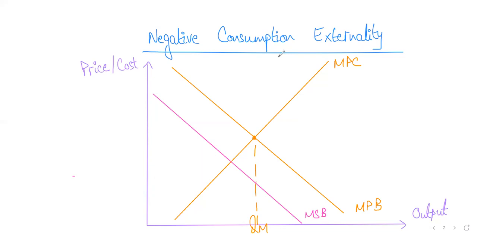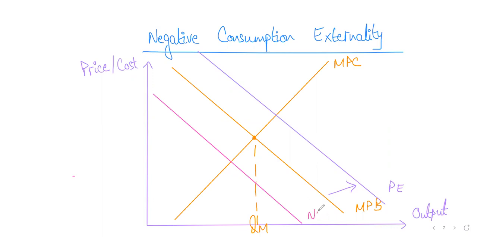Preet, did you get me? Right? Let's compare this with the other graph that we just looked at. In the case of positive consumption externality, this is positive, and this is negative externality. Positive was to the right because obviously you are imposing a positive effect on the third party by getting yourself vaccinated. Whereas in the case of negative externality, it is to the left.